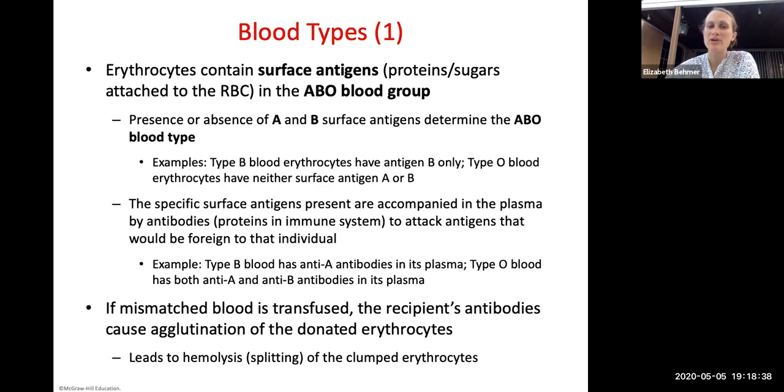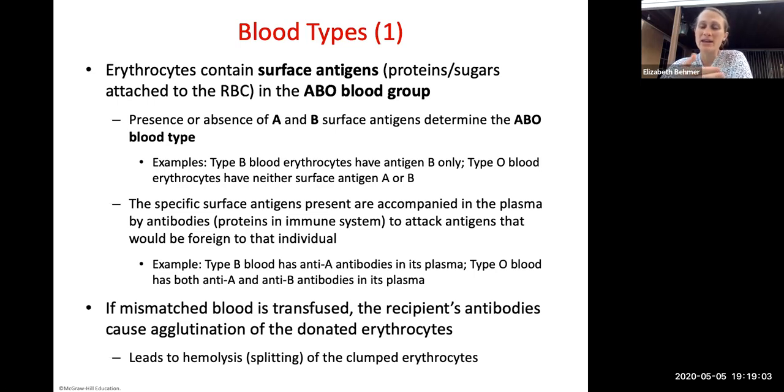For example, if you're type B blood, your erythrocytes have only the antigen B on the surface. If you're type O blood, you don't have either A or B antigen. So basically you can be A, B, AB, or type O.